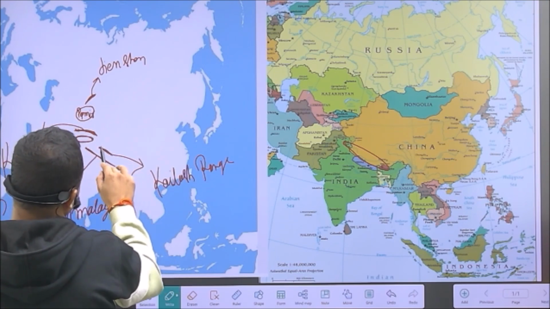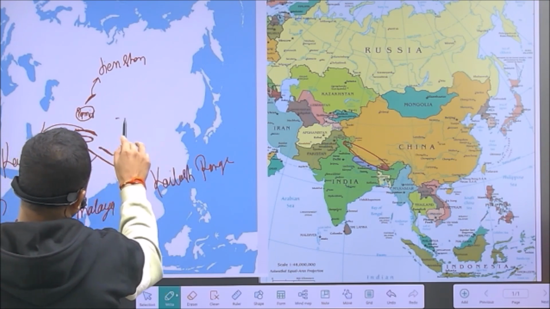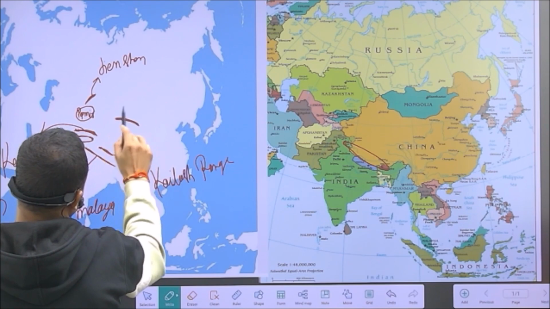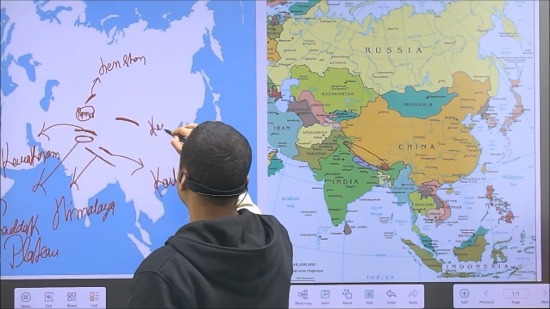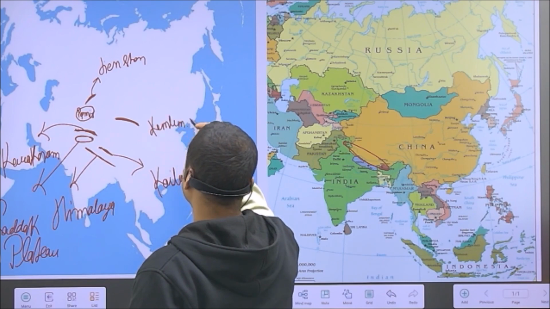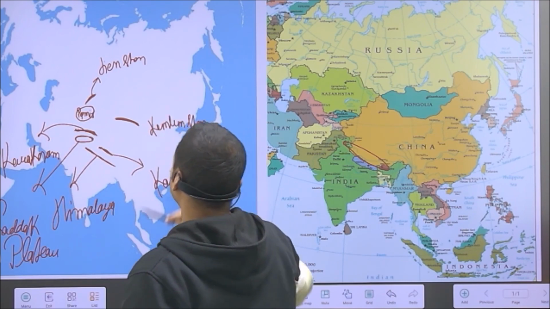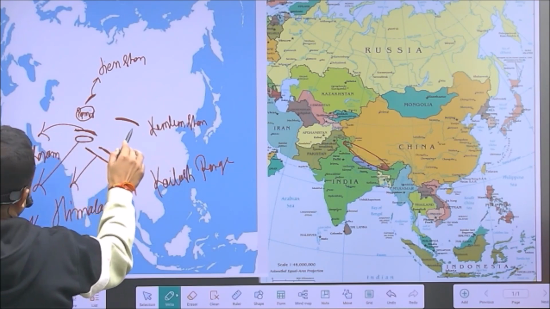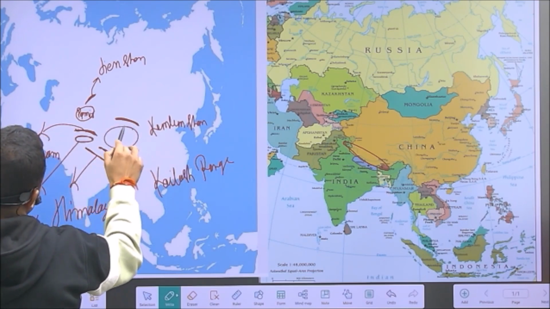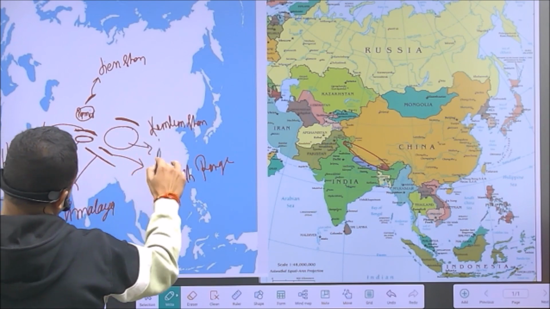If it is Kailash, here you can see Kunlun Shan. Between Kailash range and Kunlun Shan, you can see one plateau which is called the Tibet plateau.